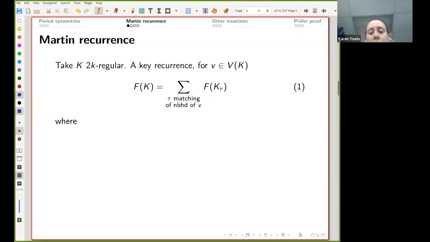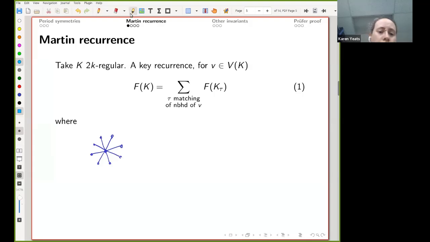So f is just something, some function on the graphs, and I'm going to be very interested in f's that satisfy this recurrence. Okay, but then what the heck is this k tau? The point is you take some matching of some neighborhood of a vertex. So I got a vertex, and we're going to later do lots of examples for k equals 4. So there'll be, let's say that it has 8 neighbors.